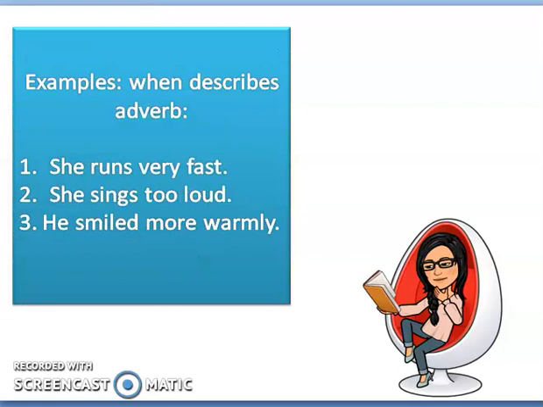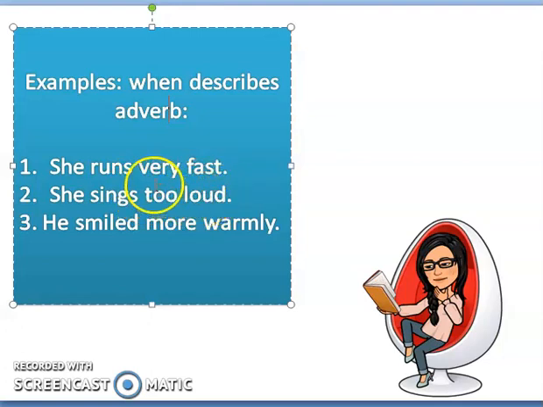Now, when adverb describes adverb. So she runs fast. She runs very fast. So adverb is describing another adverb. She sings too loud. Loud. And too. So adverb is describing another adverb.